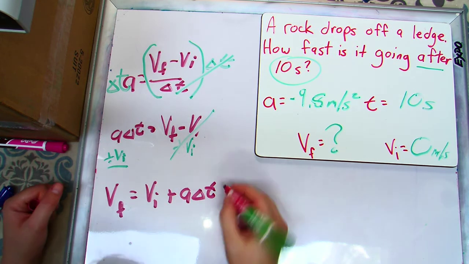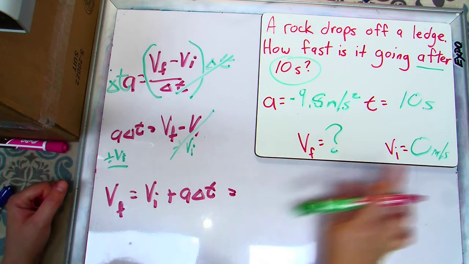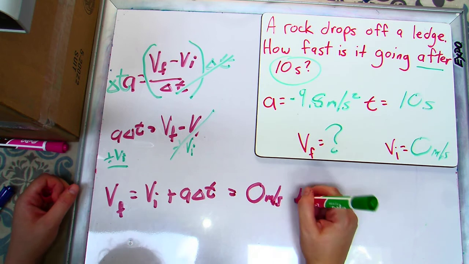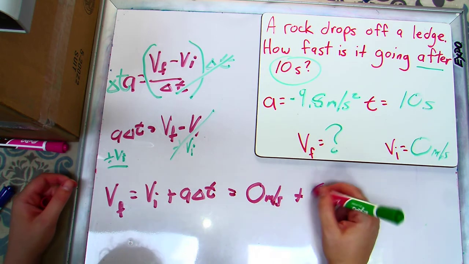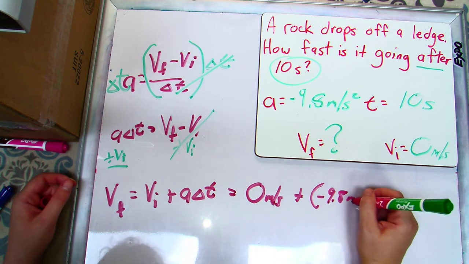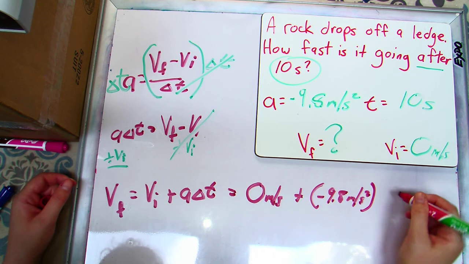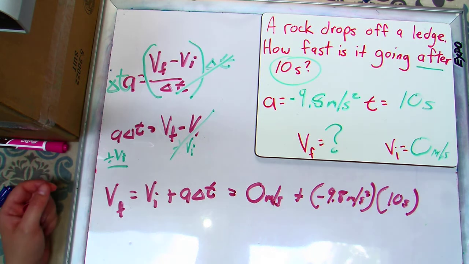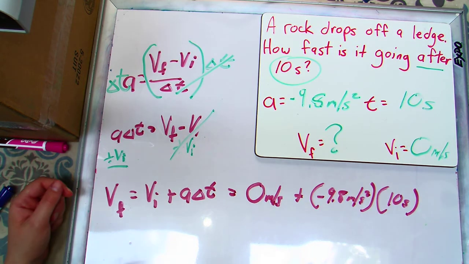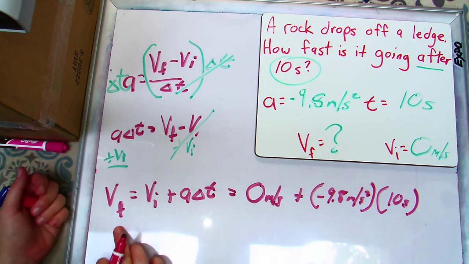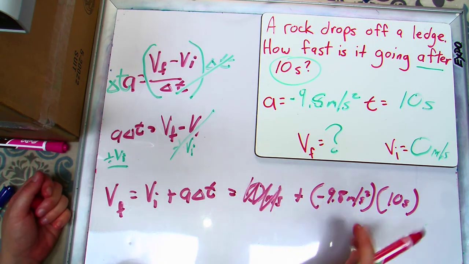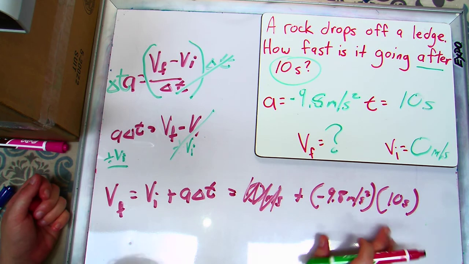However, remember, our initial velocity is 0. So 0 meters per second plus the acceleration, which is negative 9.8 meters per second squared, times our time, which is 10 seconds. Since this is 0, we can disregard that, and we're just going to be multiplying these two together.